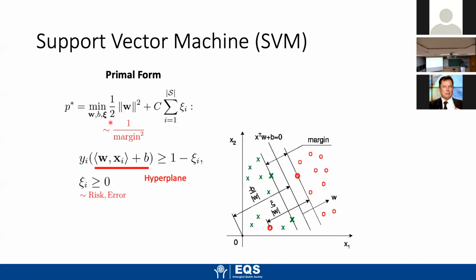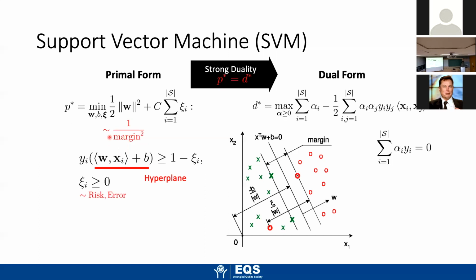Some might prefer to solve this constrained optimization problem directly, but it's actually easier to use strong duality and change the problem. So this dual form is equivalent to the primal form if this is optimized. And as you can see, we have only one variable, known as the Lagrangian multiplier.